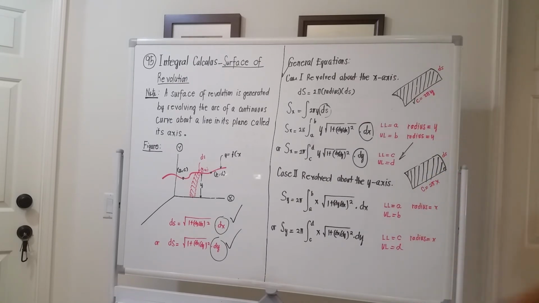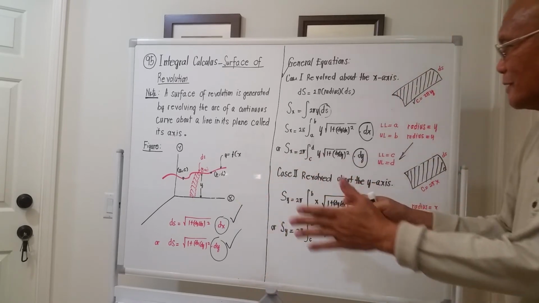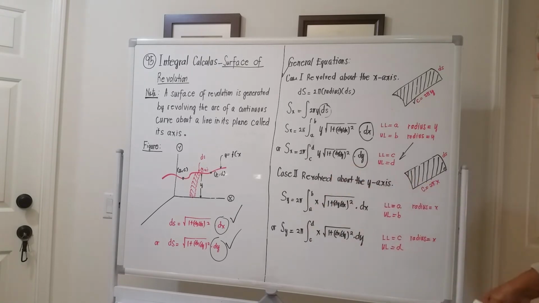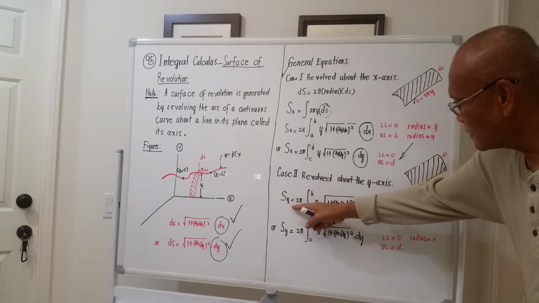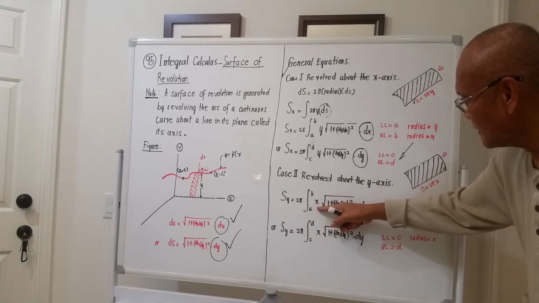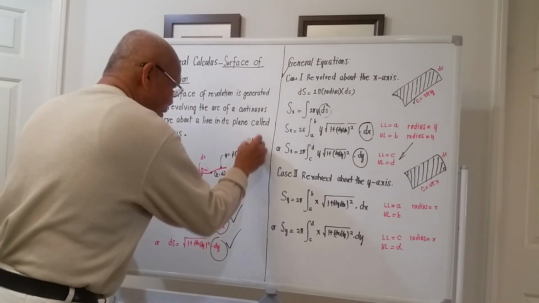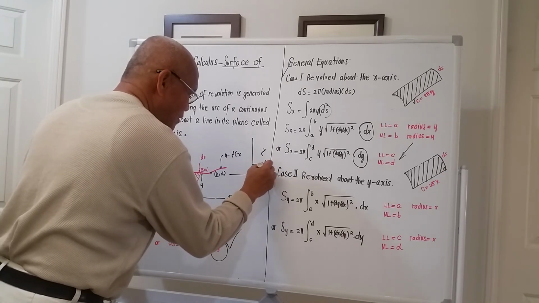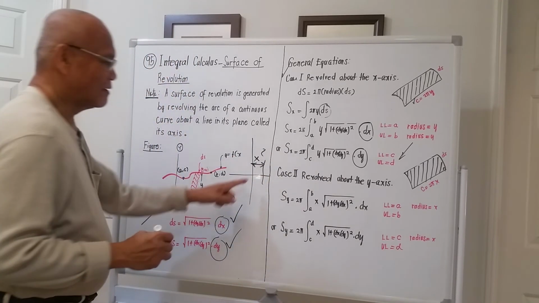Case number 2. You just change this one, to be rotated with respect to the y-axis. The total surface area if rotated with respect to the y-axis equals 2 pi x. Because if it is rotated with respect to the y-axis, if this is the curve, the radius will be x, right?